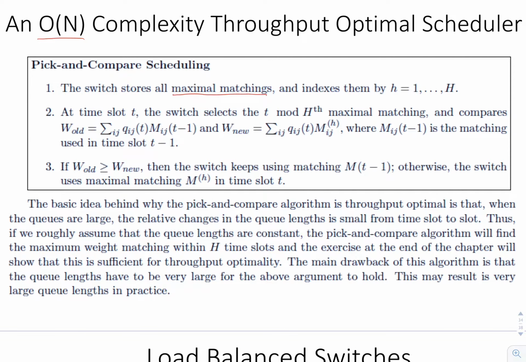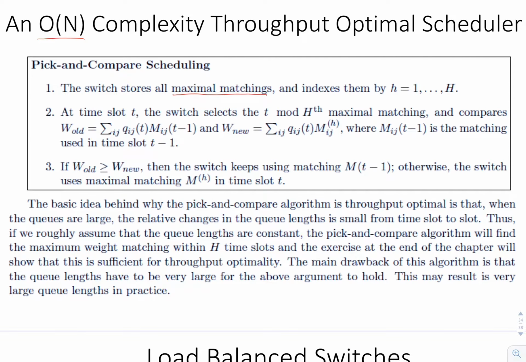Now at the second stage, virtual output queue IJ is connected to output J once every N time slots and can transmit 1 over N packet per time slot on average. Therefore, the virtual output queue IJ is stable, and we can make the same argument for all IJ.